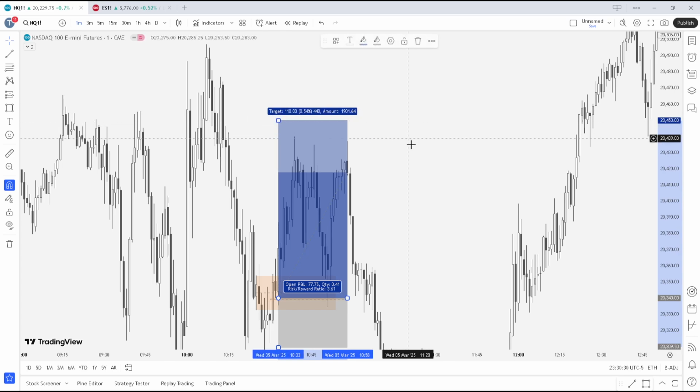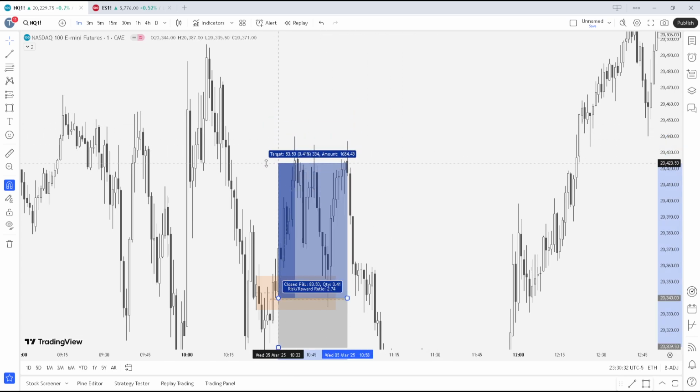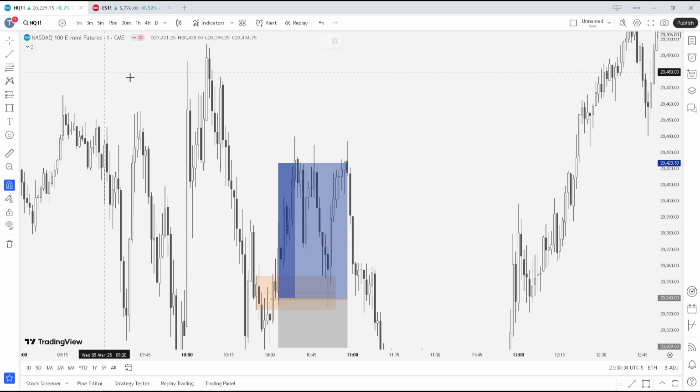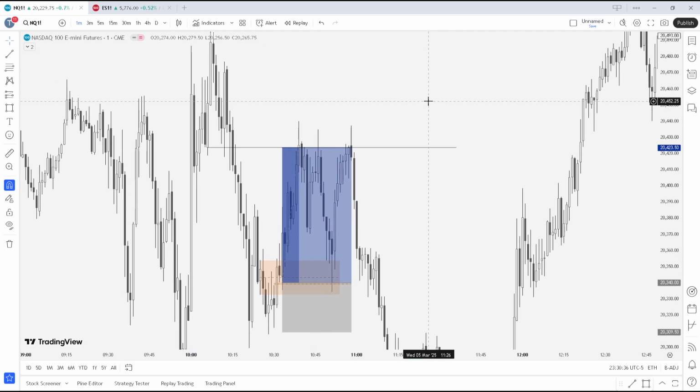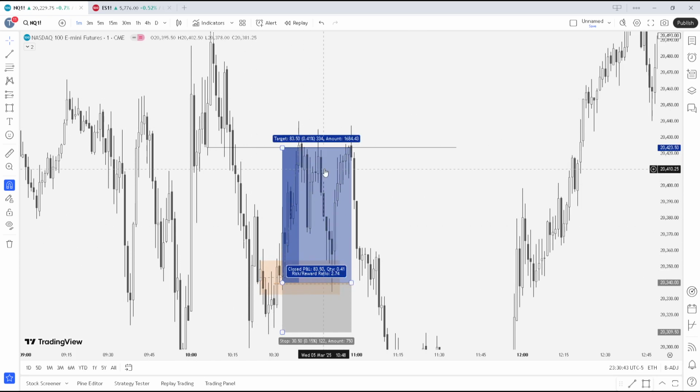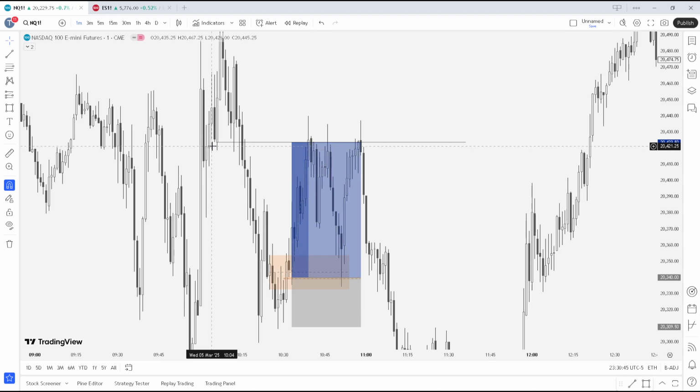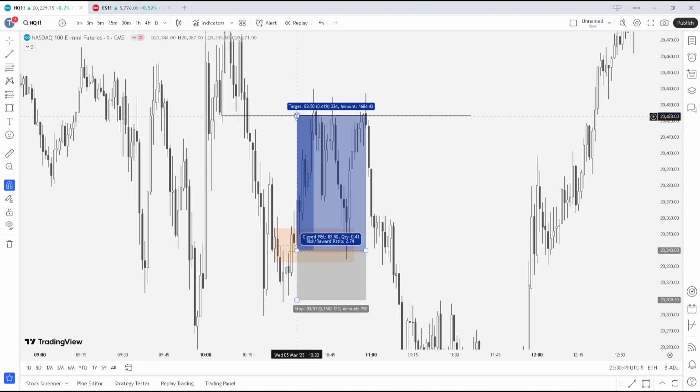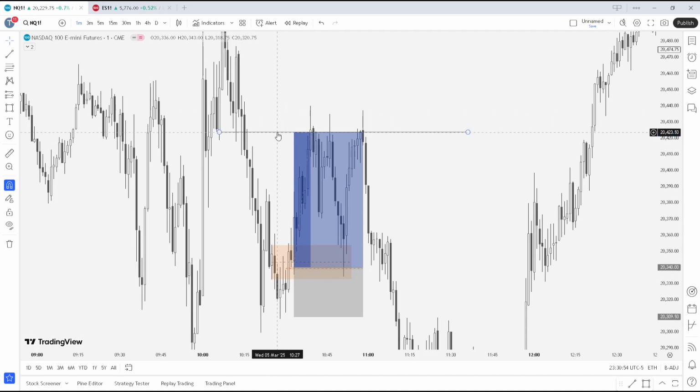Apart from, I guess you could just target this change in state of delivery. So if you were anticipating bearish price action, then this would be a retracement into the change in state of delivery, the CISD. So if you were anticipating bearish movement, then you could put your TP here.